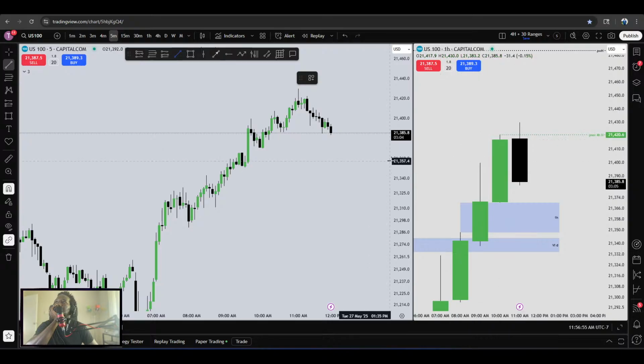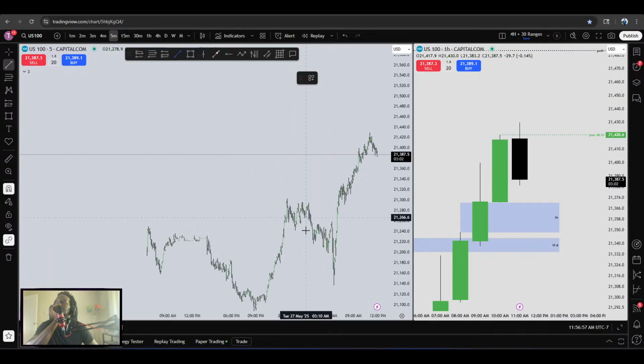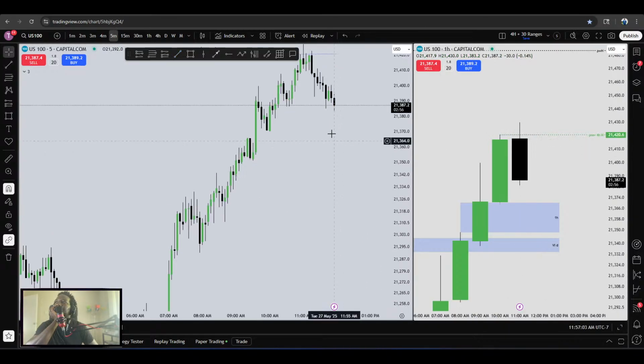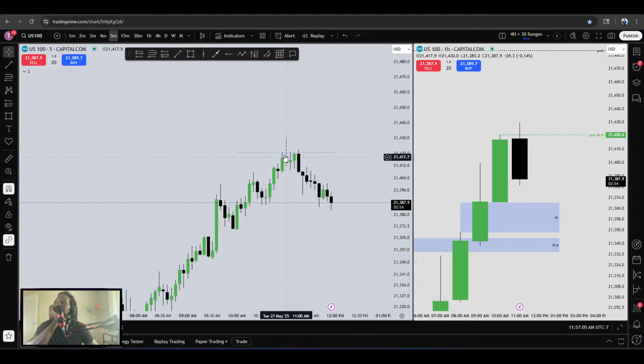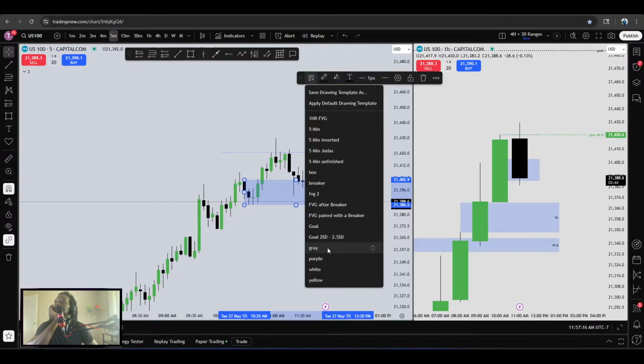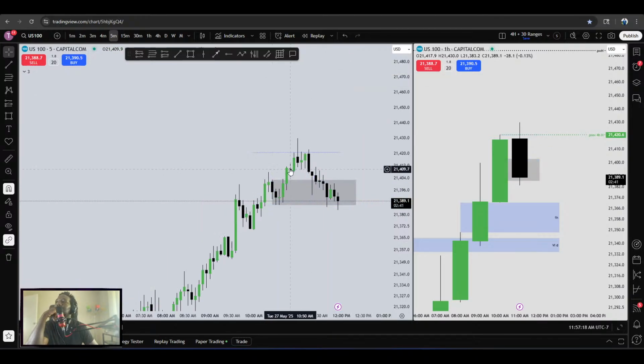So this is the, hold up, wait a minute. So it's this high here. So that's the 10 AM candle high. So I'll just be waiting for a candle closure below these last down candles before it went to the upside.